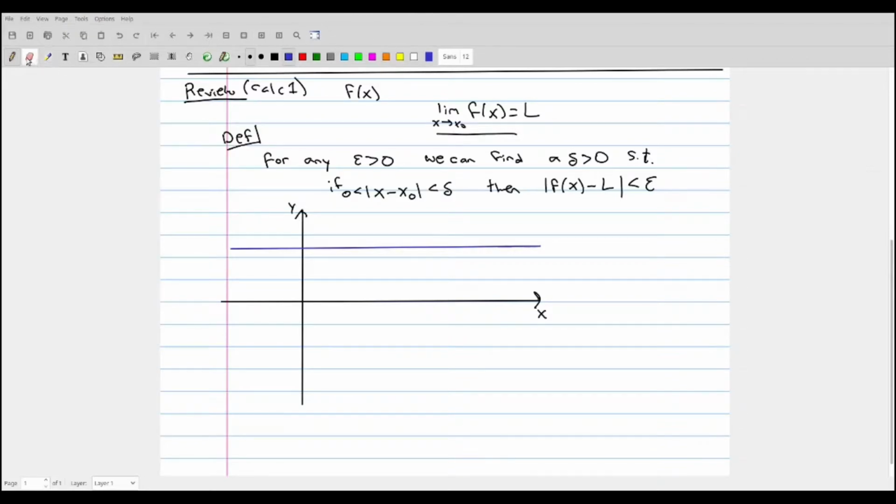And then at the point that we're talking about the limit at, x naught, this definition is saying the following.